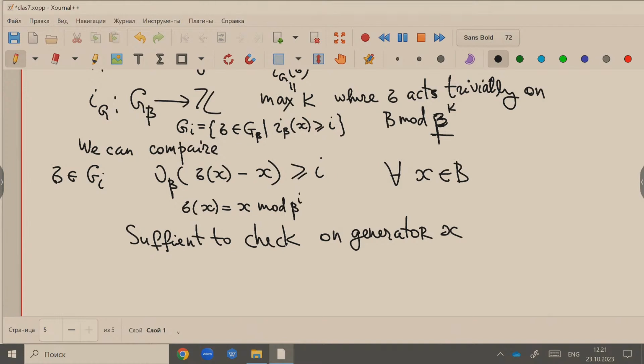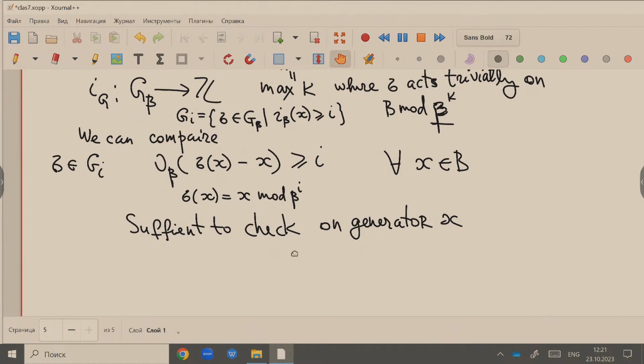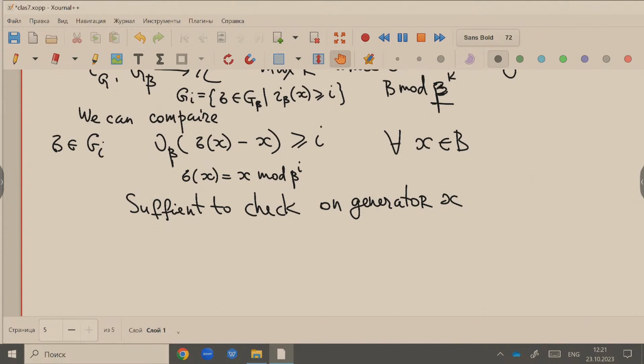If something is polynomial on the set of generators x1, ..., xk, if you look at the corresponding polynomial, you just apply sigma to the coefficients, and this is bigger or equal than the minimum of the corresponding valuations.